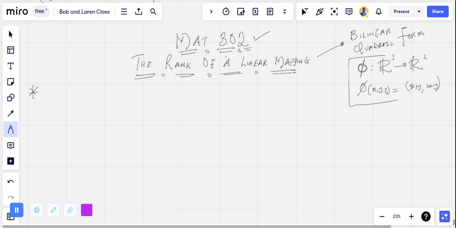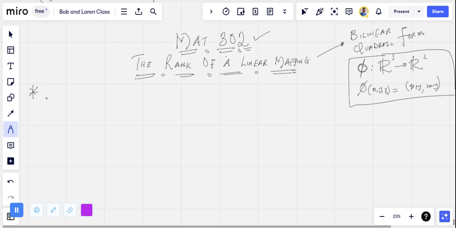Whatever you have here is what we call a linear mapping.